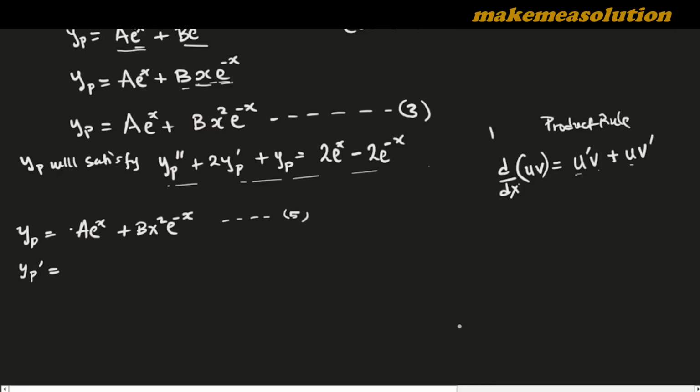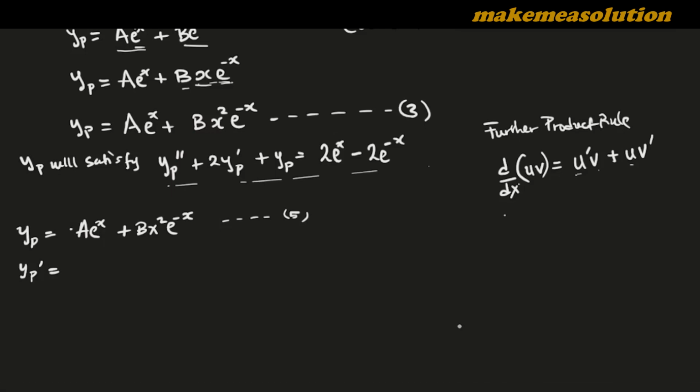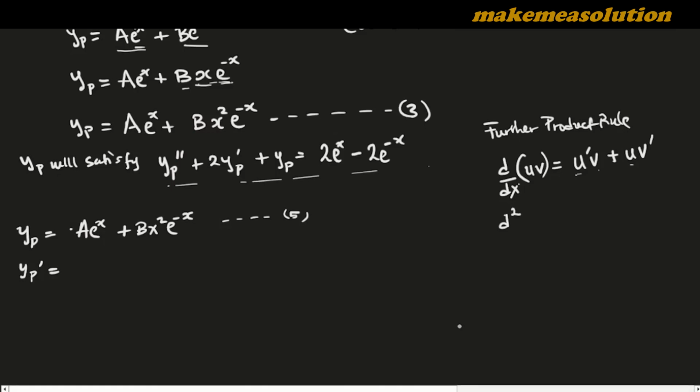Now let's make a further product rule. I want to teach you something extra. I must have taught this in another video in the past, but just in case this is the first video you're watching on this channel, let me teach you the further product rule. It applies when you're differentiating a particular product u and v more than once. So in other words, I want to differentiate this product two times.